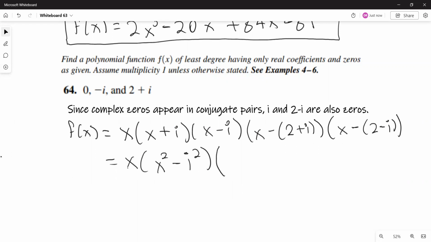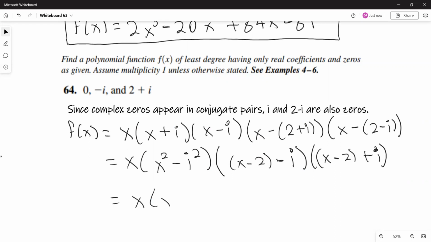X minus 2 plus i, I'm going to rewrite this as x minus 2 minus i times x minus 2 plus i. So that's x times x squared plus 1. And then we have x minus 2 squared minus i squared.